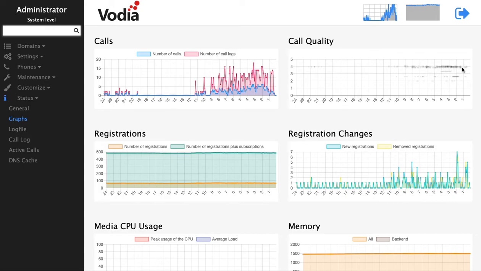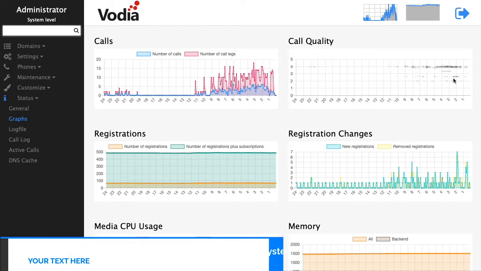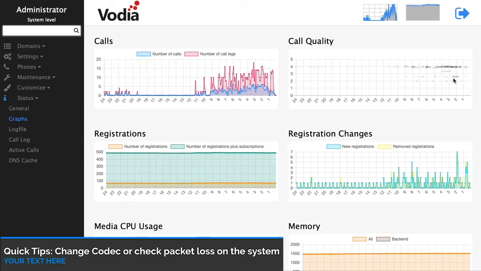Many calls are okay, but on the other hand, many calls are not really okay, because the quality really goes down to a level like 2.5, which is something where you want to do something about it, either by changing the codec or checking if the packet loss is too high or maybe the delay is too high.